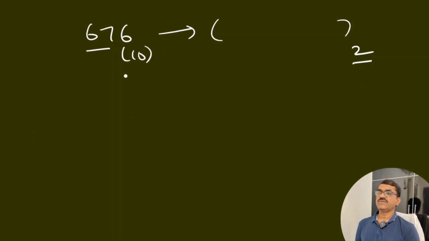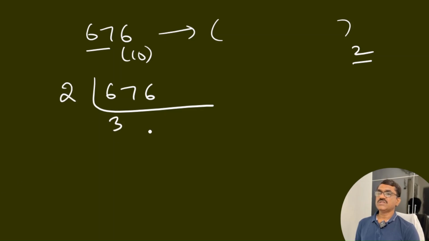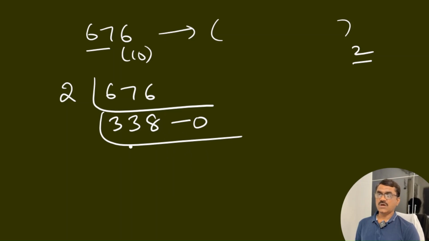Now, how to convert 676 into the binary number? Just take the number 676 and divide it by 2. We know 2 3s are 6, 2 3s are 6, 2 8s are 16, the remainder is 0.